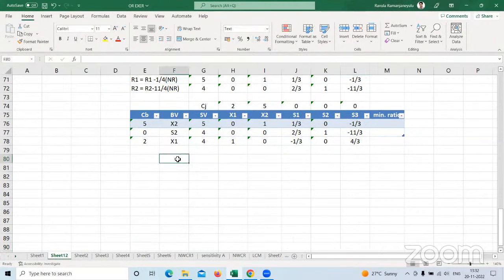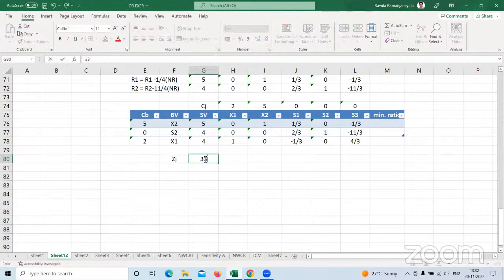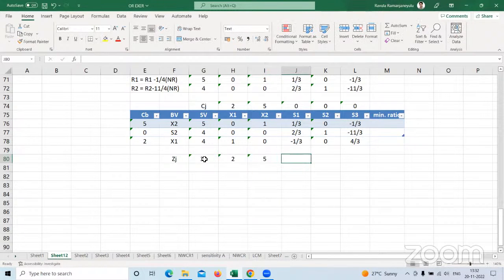Now Zj, we calculate Zj. 5 into 5, 25, plus 0 into 4, 0, 2 into 4, 8. 25 plus 8 is 33, right? And 0 into 5, 5 into 0, 0 into 0, 2 into 1 is 2. Here 5 into 1, 5, 0 into 0, 2 into 0, so 5.